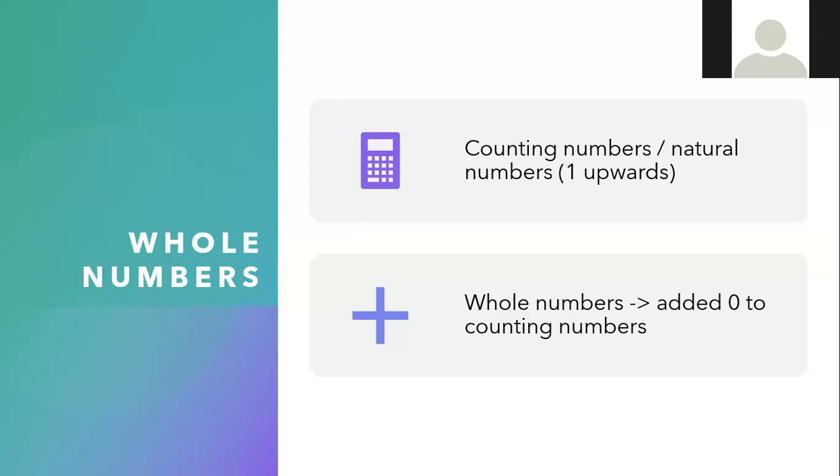Whole numbers is when we add 0 to the counting numbers. So whole numbers are 0 upwards, and we obviously don't include anything below 0.